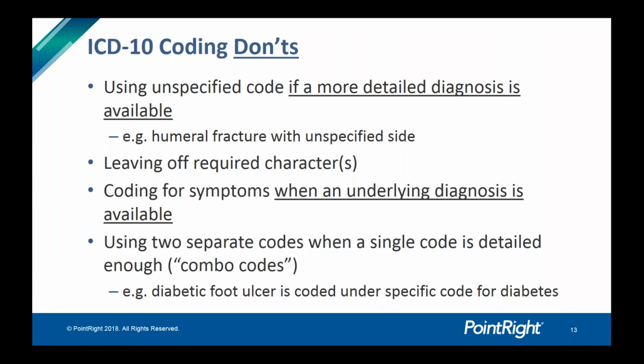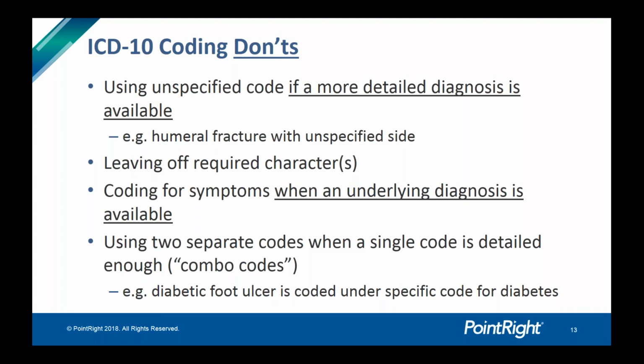The first one is a really big don't: using an unspecified code if there is a more detailed diagnosis available. So, for example, an unspecified laterality for a fracture of the humerus. Well, I'm assuming the patient has two arms and one of them got fractured, maybe both of them, if it's a really unfortunate situation. You would code left, right, or bilateral.